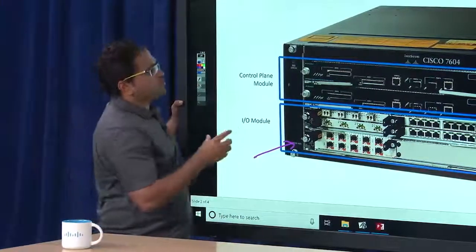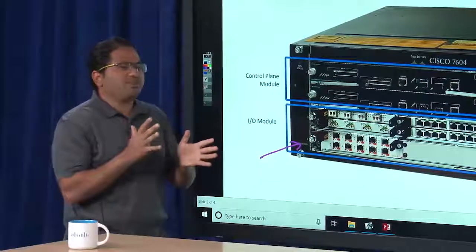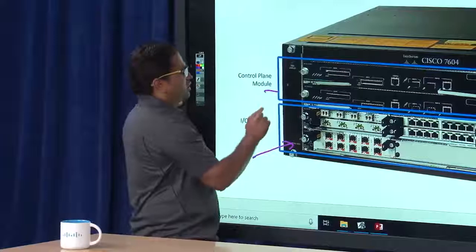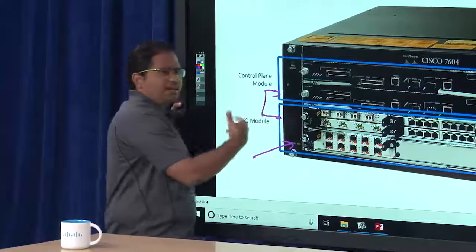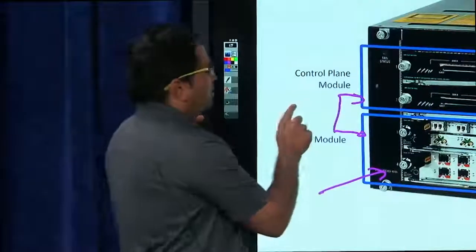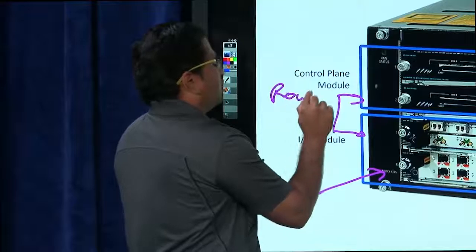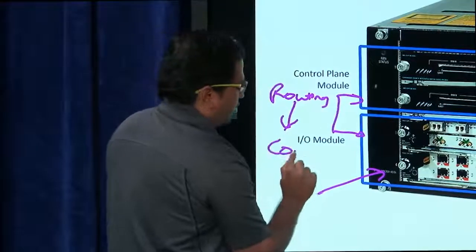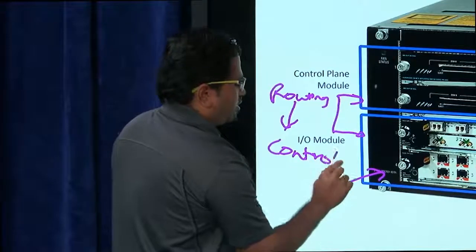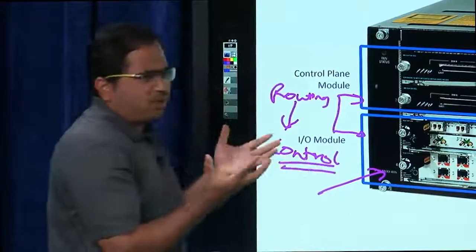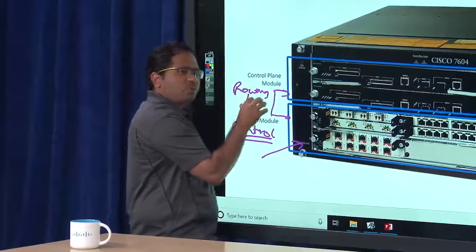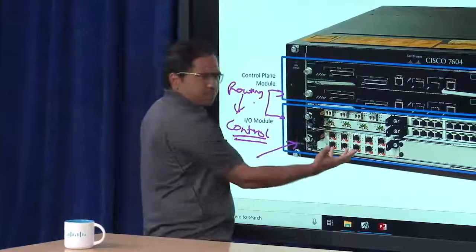Each of the vendors will have different queuing mechanisms between the control and the data plane. Routing traffic is also called control plane traffic, right? Control traffic will always have the highest priority as compared to routed traffic.